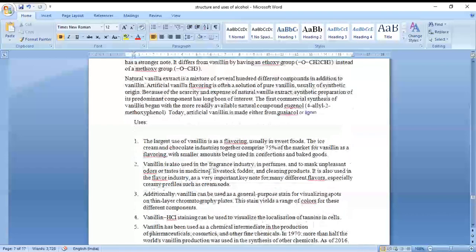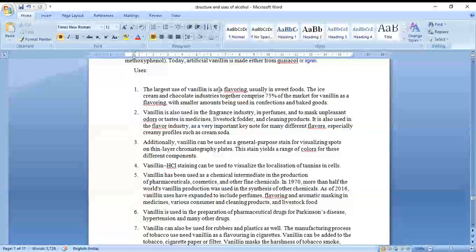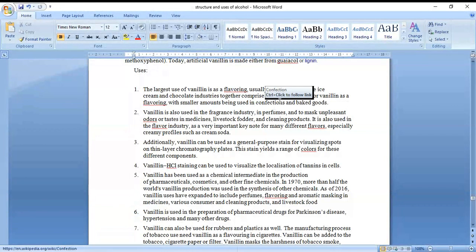And what are the uses of this vanillin? The largest use of vanillin is as a flavoring agent, usually in sweet foods. Ice creams and the chocolate industries together comprise 75% of the market for vanillin as a flavoring agent, with smaller amounts being used in confections as well as in baked foods.